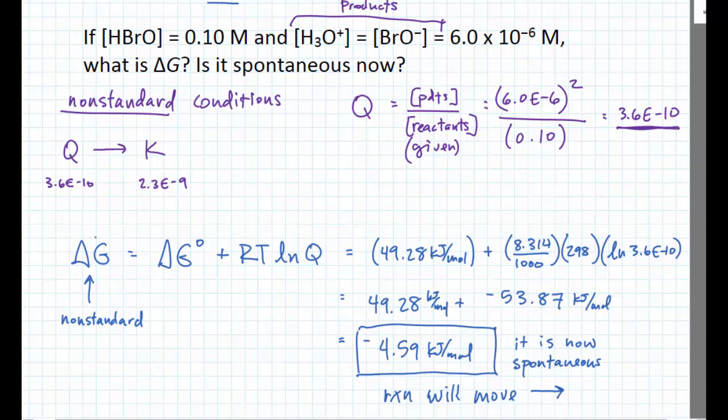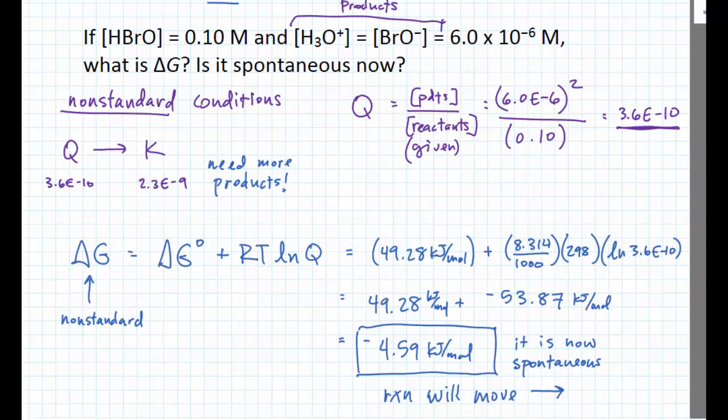If Q is too small, we need more products to make the top part of the fraction bigger to get to K. Okay? That's what happened here. We have a spontaneous reaction because this Q was smaller than K. Okay? Need more products. Simple way of saying that, I think.